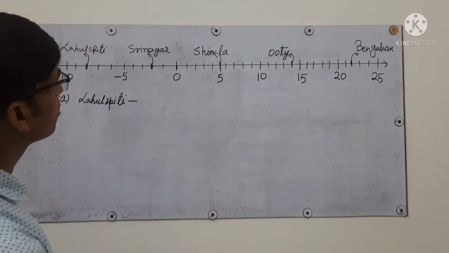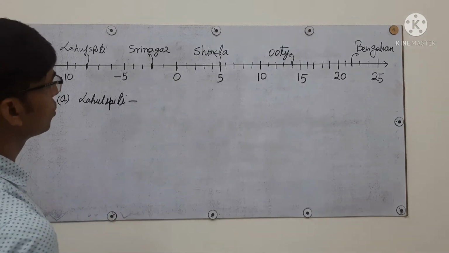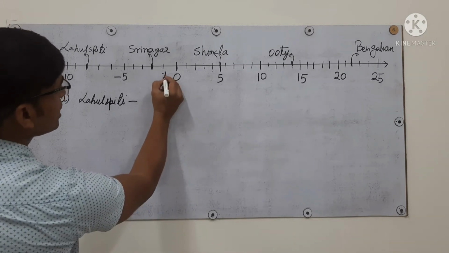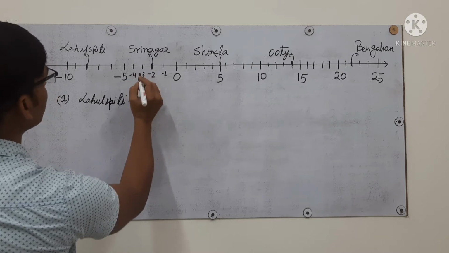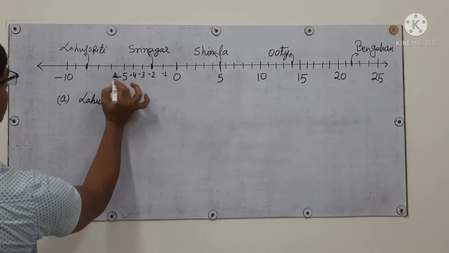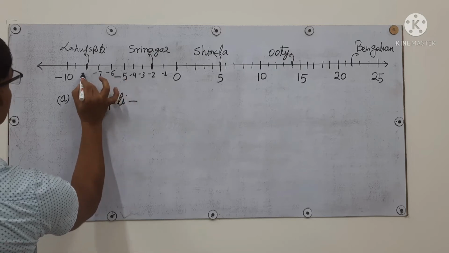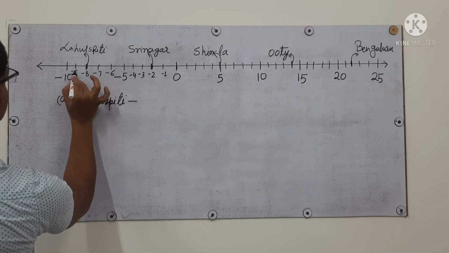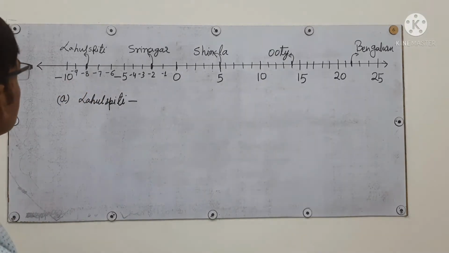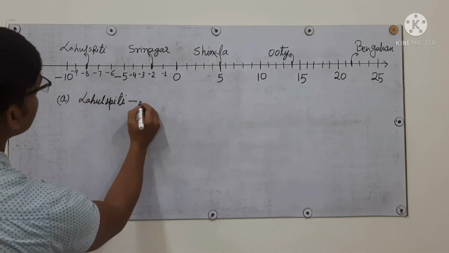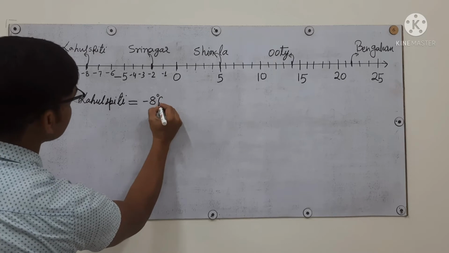Similarly, the numbers which come just before 0 are smaller than 0. That means it is -1, -2, -3, -4, -5, similarly -6, -7, -8, -9, and -10 is given in your question. So Lahul Spiti temperature will be equal to -8 degrees Celsius.